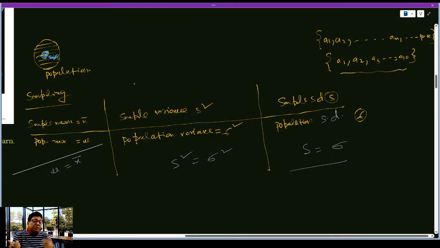I mean mean, median, mode, standard deviation, quartile deviation, percentile, whatever you find here for the sample, that will be true for the population. And if you have drawn a proper data set for sampling, then your result will be correct and there will be no error. But estimation will be incorrect if you have selected the sample wrongly.